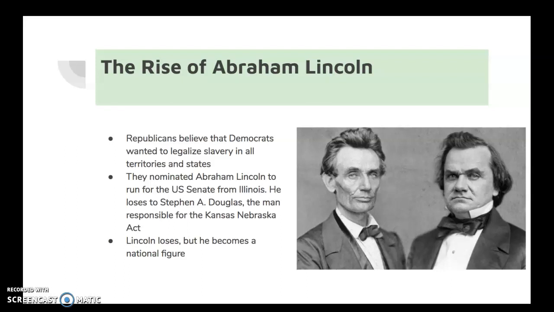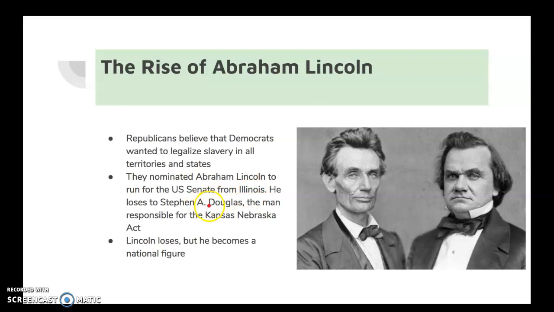Well, with all this escalating tension and violence, we do have one ray of sunshine. For the first time in our story, after 9 months of school, our man comes into focus right here. That is Abraham Lincoln without the beard. So Republicans, that new political party, they believe that Democrats wanted to legalize slavery in all territories and states. And they nominated Abraham Lincoln to run for the United States Senate from Illinois.